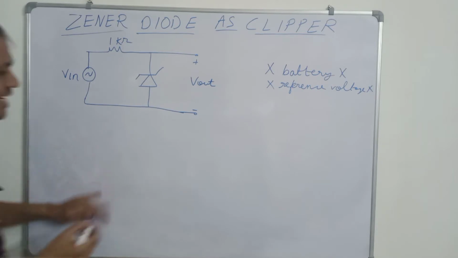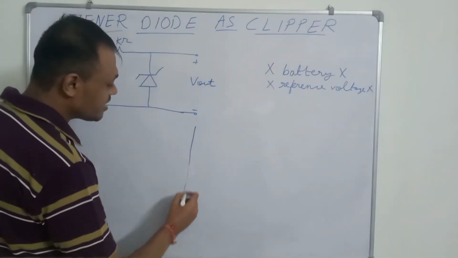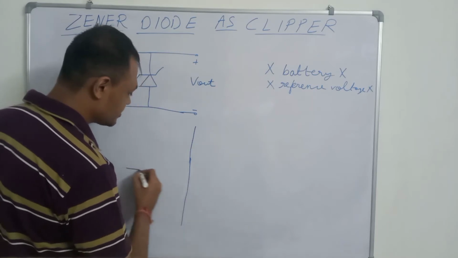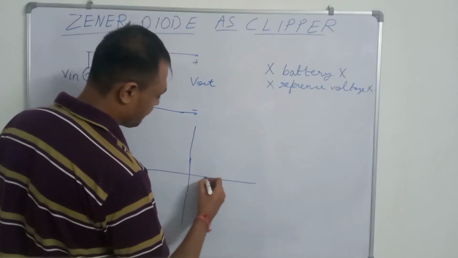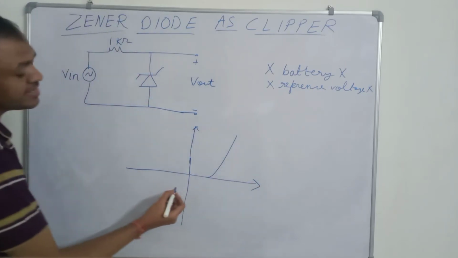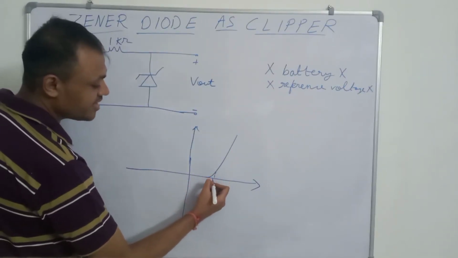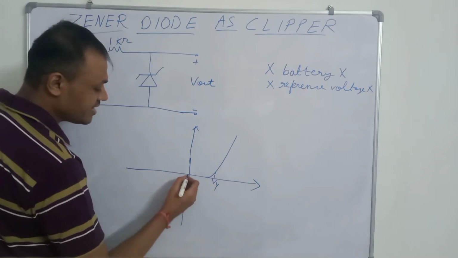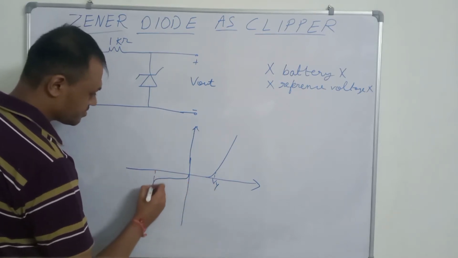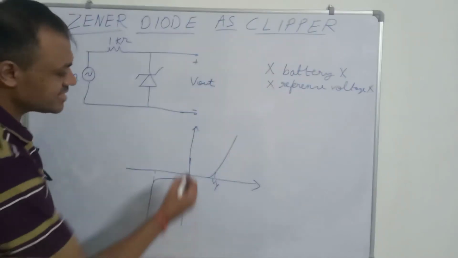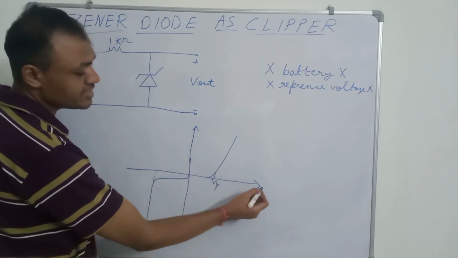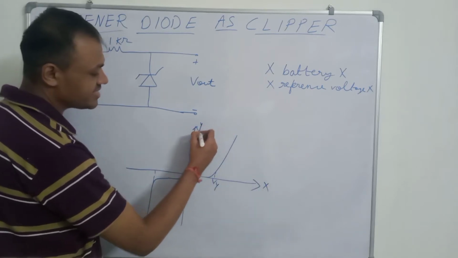Now if we want to see the characteristics of the Zener diode, it's like this. This is the forward bias, where we can take V gamma as the cut-in voltage. This region is the forward bias, positive x axis and positive y axis.